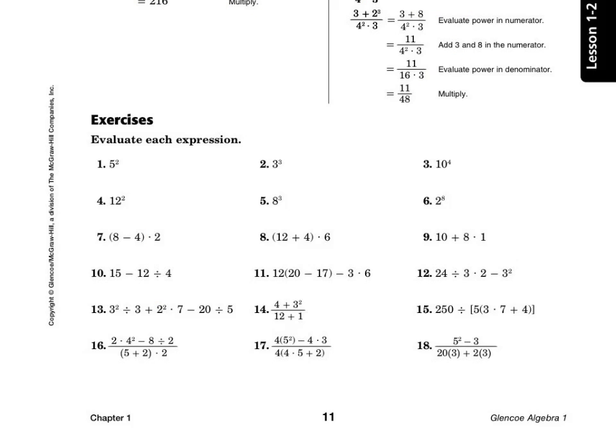Okay, now for some independent practice. On this page, I'm just going to have you do a few problems to practice independently tonight. So I want you to do number 7. I want you to do number 10. I'd like it if you worked on number 12.